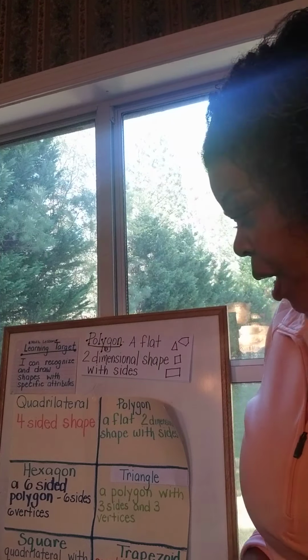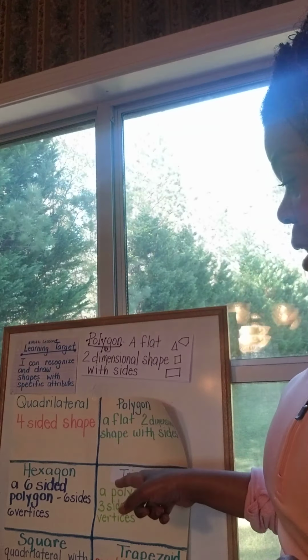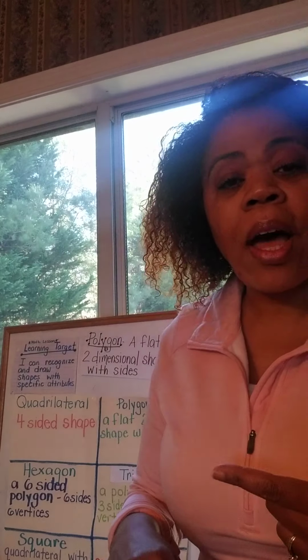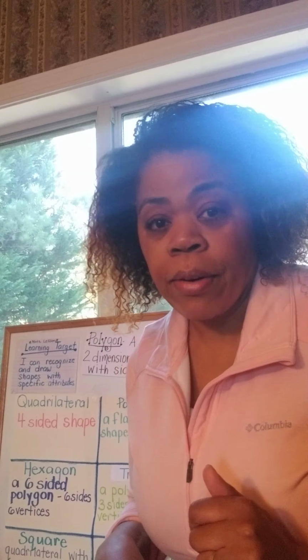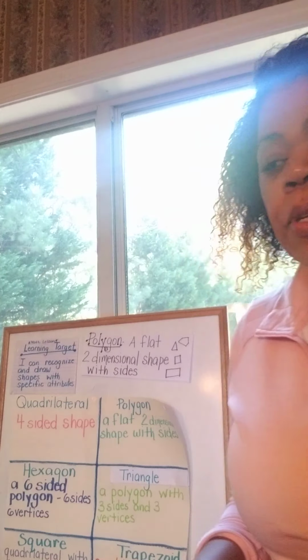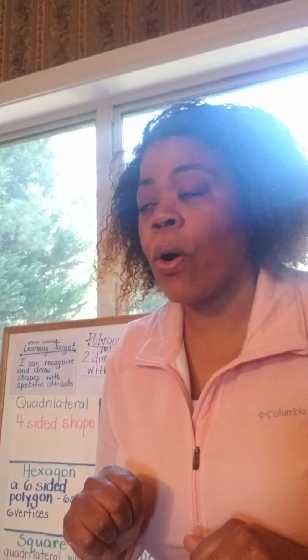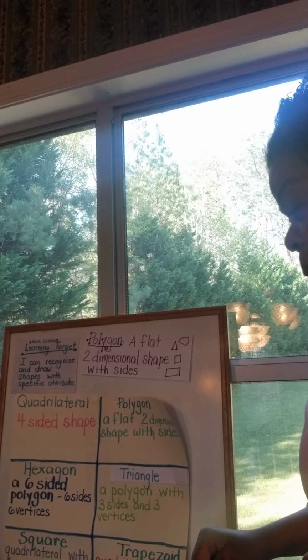3. Good. Square. Is a square a quadrilateral? Yes, a square is a quadrilateral because it has 4 sides. Is a square a polygon? Yes. So a square is a shape that is both a polygon and a quadrilateral, okay? How about a trapezoid? Trapezoid is a quadrilateral because it has 4 sides, and it's also a polygon, okay?